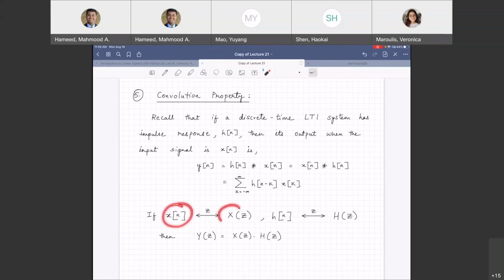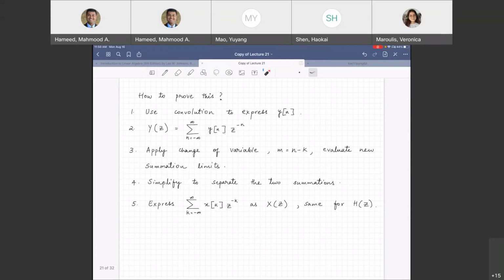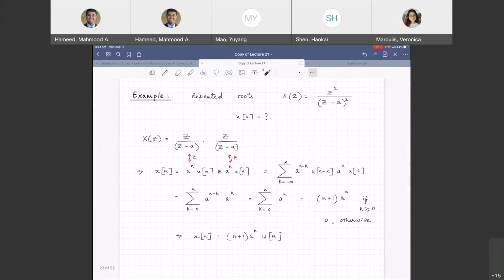So if x of n has a z transform of x of z, the impulse response has a z transform giving you the transfer function of the discrete LTI system as cap H of z, then the z transform of the output is going to be simply the product of x of z and H of z. So time convolution, product in Fourier transform, Laplace domain, even in Z. Over here, I'm listing out the steps that are involved to prove this property. Not going to spend time there.